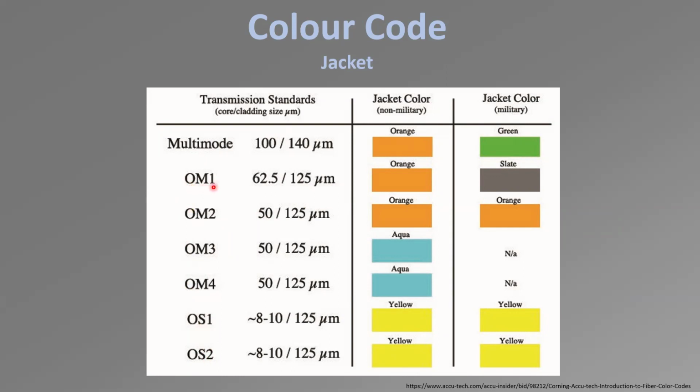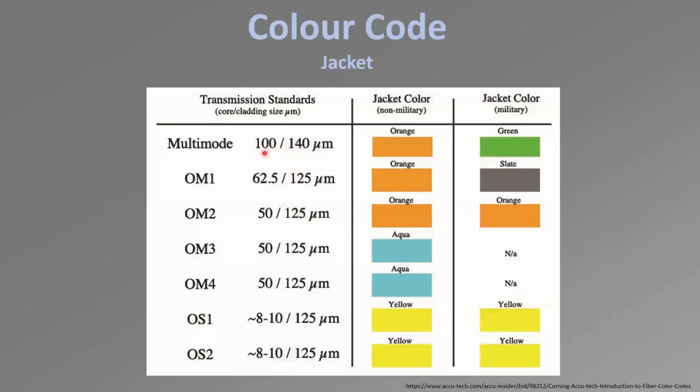OM1 was developed earlier than OM2, which has slightly different specifications. Maybe some things were improved. Some years go by, and then the engineers came up with an even better cable, and they call it OM3. That's how things are done. Up to OM4 right now, and optical single mode 1, optical single mode 2.